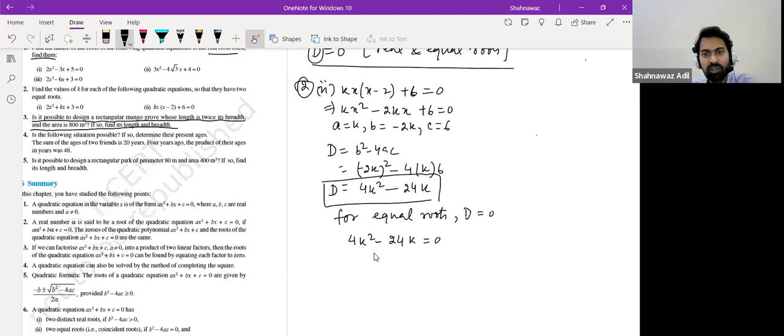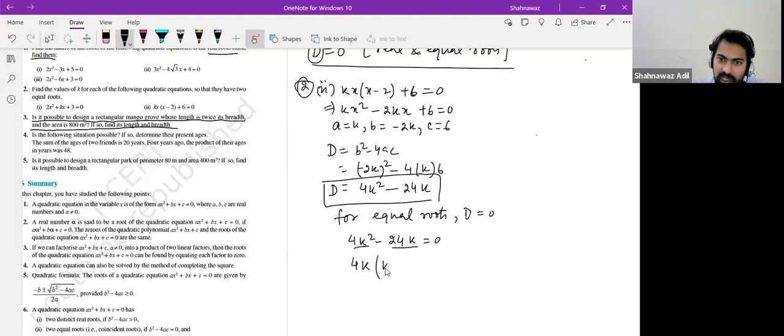So how many solutions of k will there be, Madhya? This is again a quadratic equation. Yes, 2, right? So what can we take common from these two terms? 4k, right?